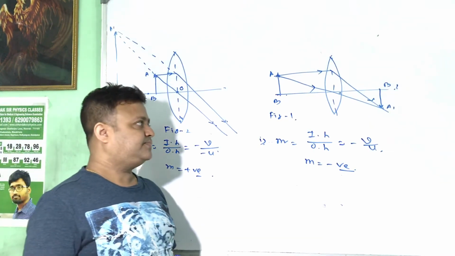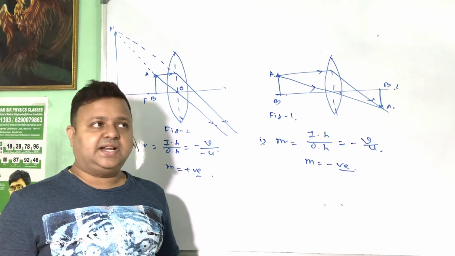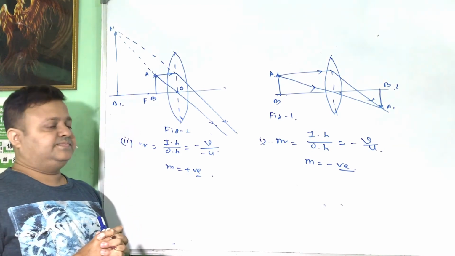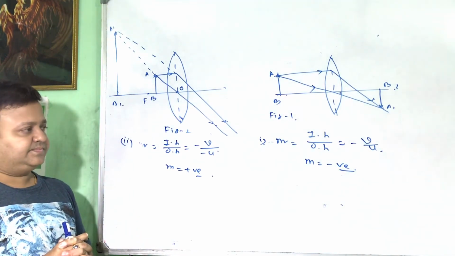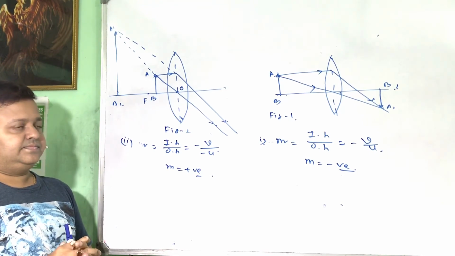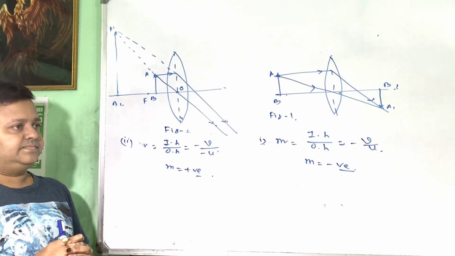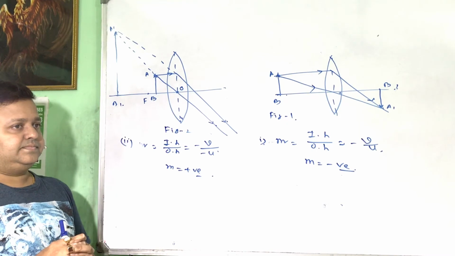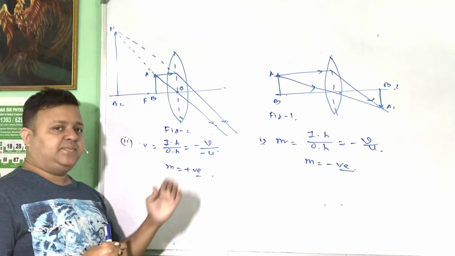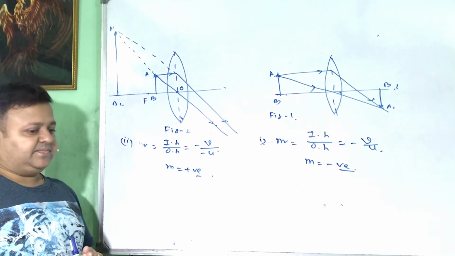For convex lens, for the formation of real image, magnification is negative, and for the formation of virtual image, magnification is positive.